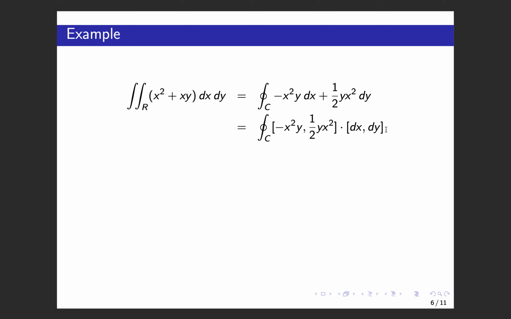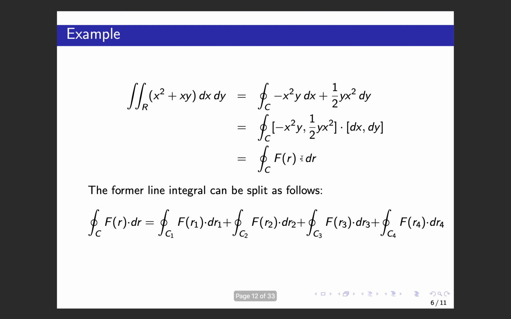Now if we make a change of variables, taking r to be the vector x, y, we can write this line integral as the line integral over C of f of r dr, where f is the vector f1, f2.